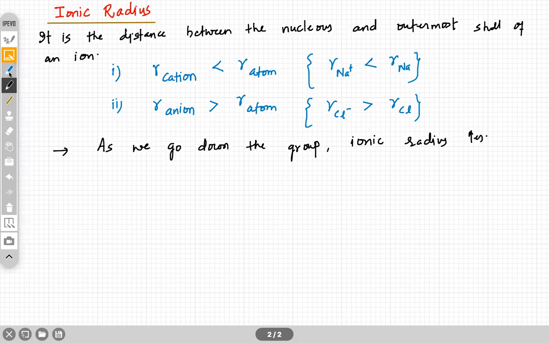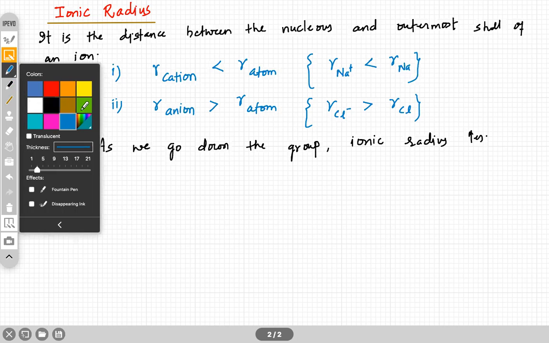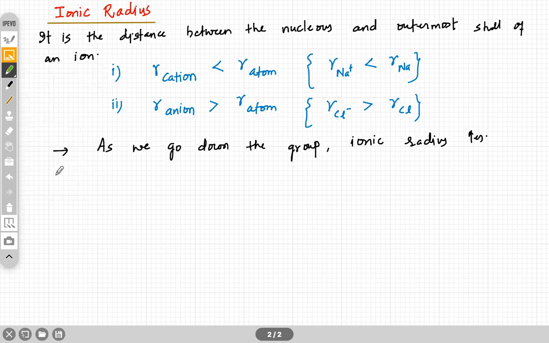In this, one more term that we use is isoelectronic species.